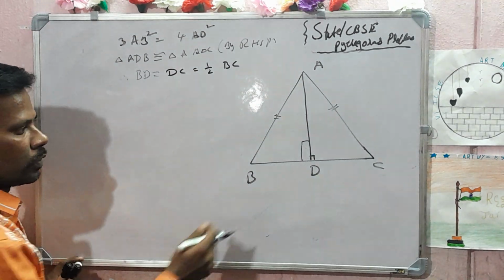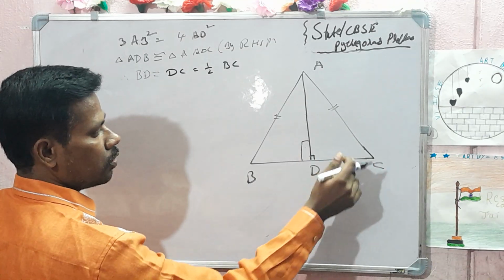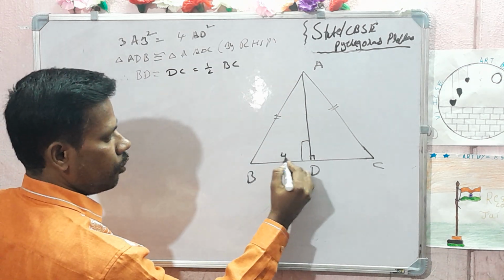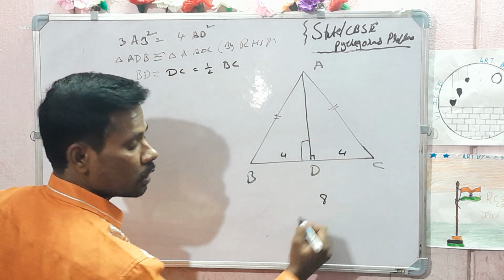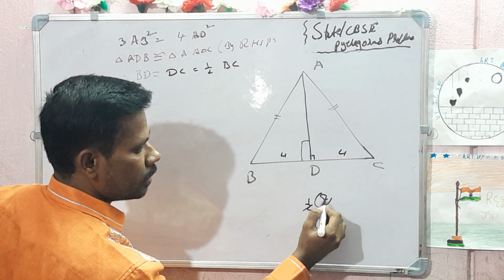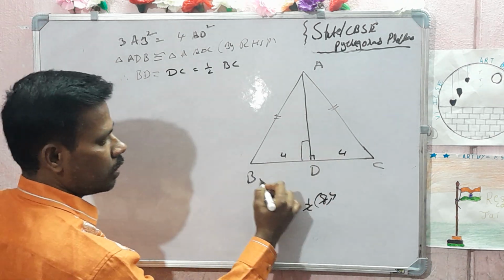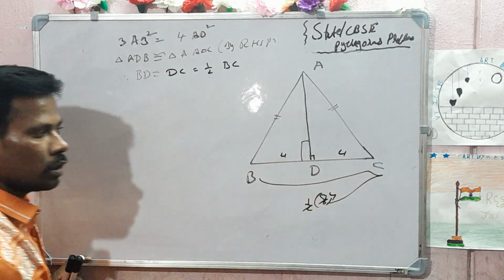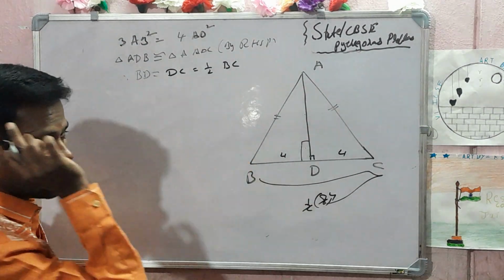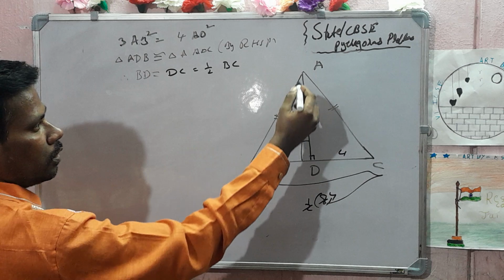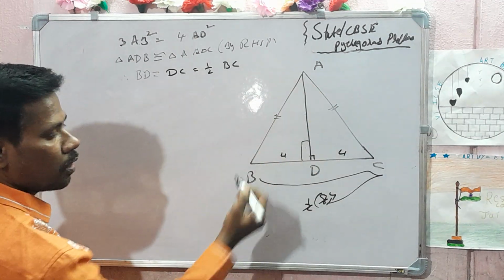I will get this length, half of BC. Suppose if this is 4, total length is 8. Half of 8 is nothing but 4 only, no? So 4 is half of BC length. BC is 8. A simple explanation, I just took an example. Now consider triangle ADB or whatever you want.